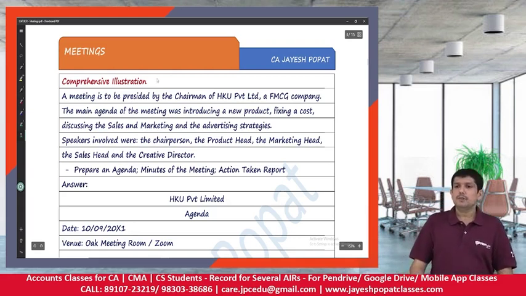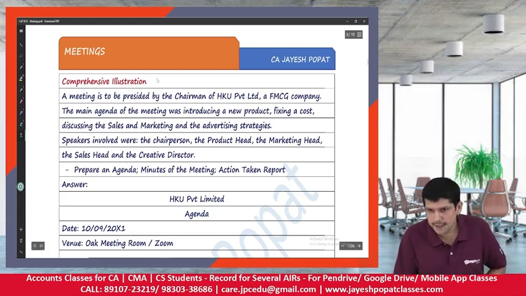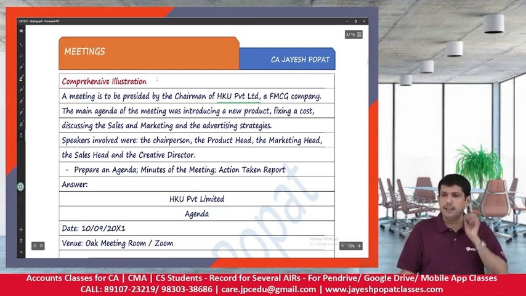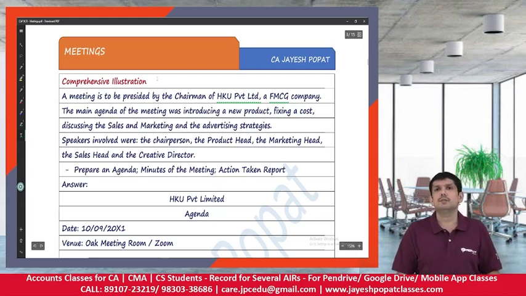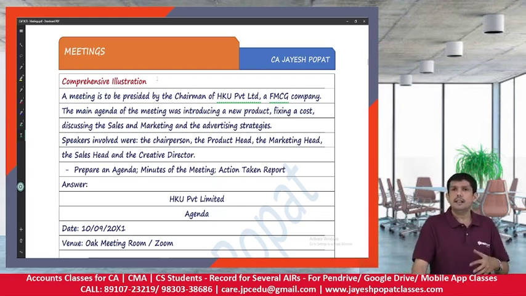A meeting is to be presided by the chairman of HKU Private Limited. This is the name of the company. It is an FMCG company. FMCG is basically fast moving consumer goods. So all the cosmetics, soaps, shampoo, and food items, which are fast consumption items.